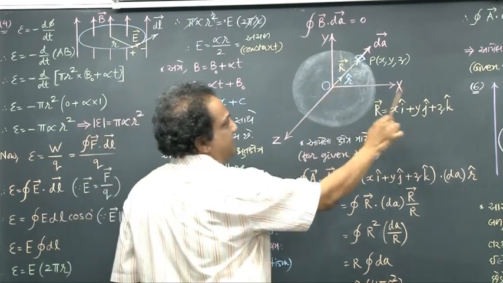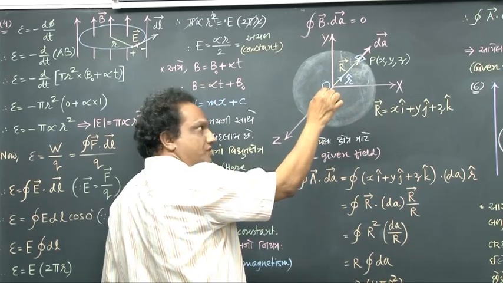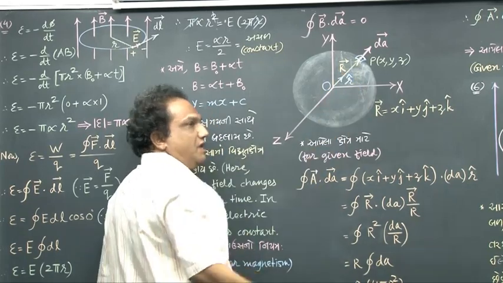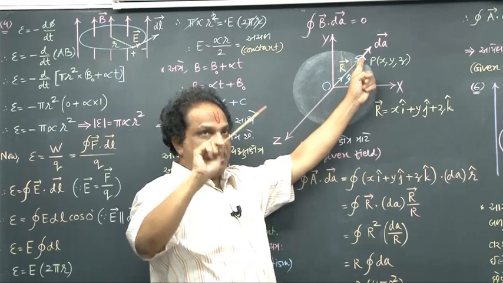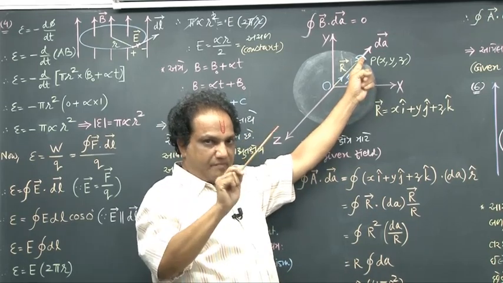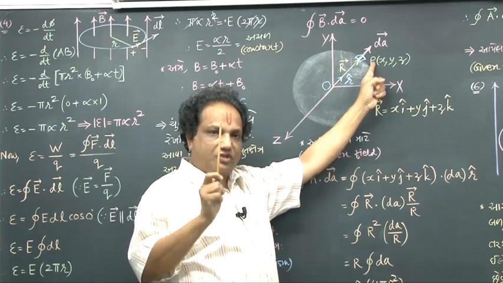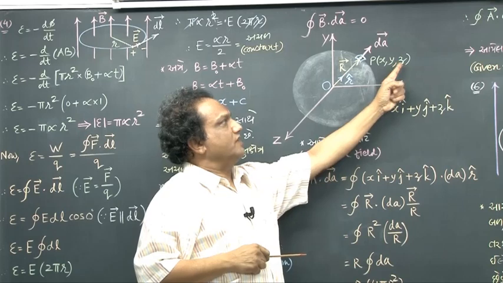Say this is the x-axis, this one is y, this one is the z-axis, and here is the common origin. This much is the radius, which is capital R. Now do one thing, select one point on the surface of this sphere, and that chosen point is P. For this point, its 3 coordinates are x, y, z.